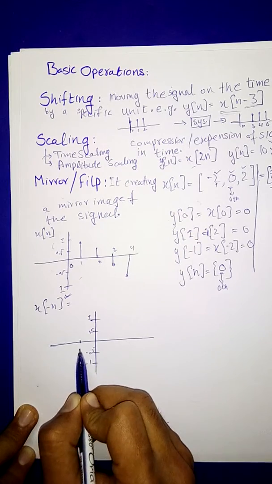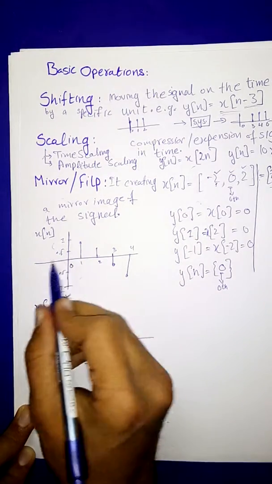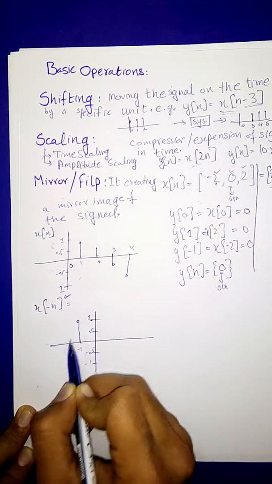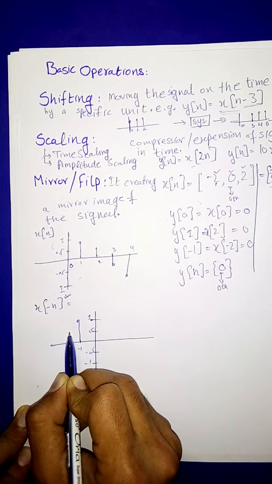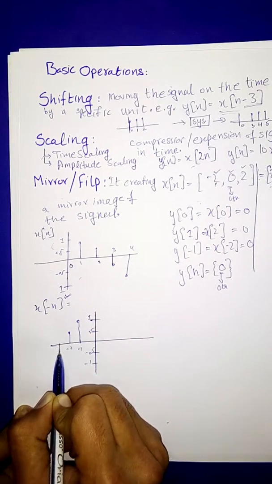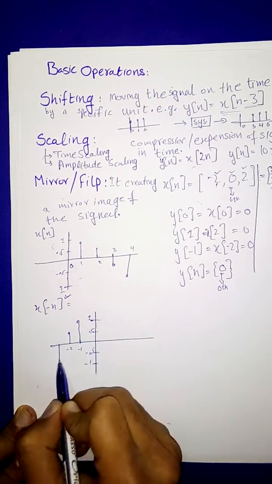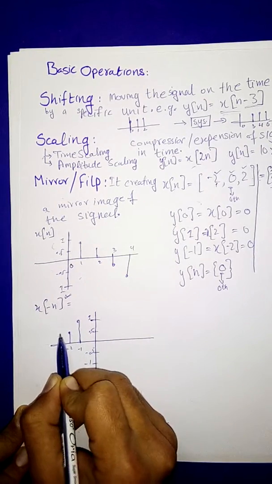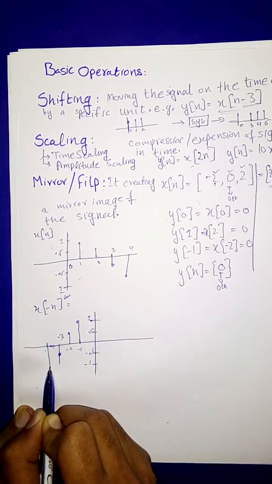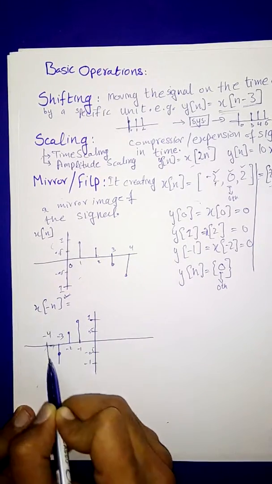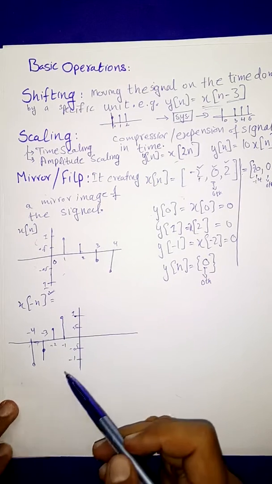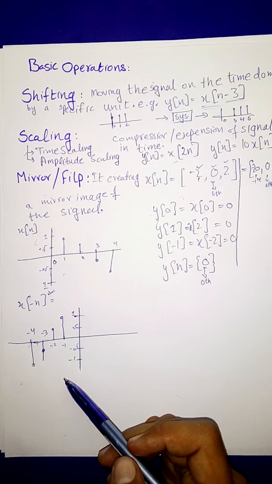Here -1, this will go on -1, -2 up to 0.5, -3, and at -4 it will reach -1. So this is basically known as mirror or flipping operation.